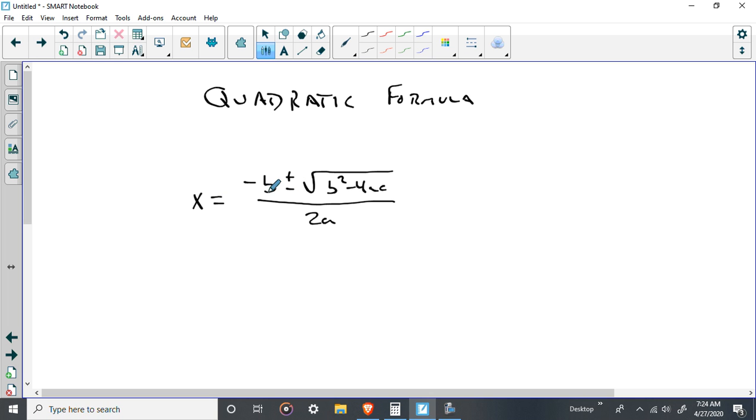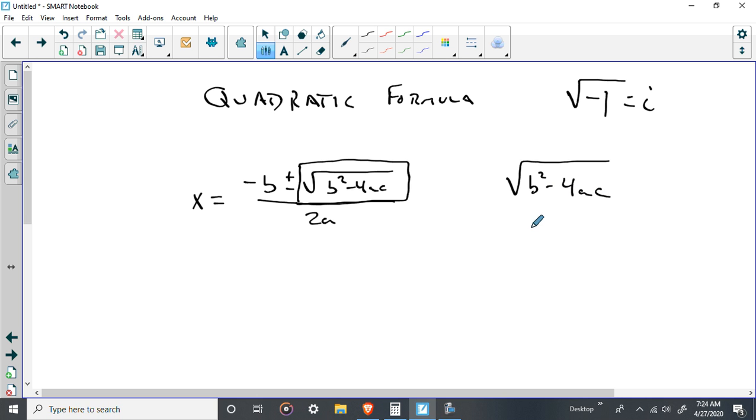Now, what are we concerned about? We've been talking about, hey, when is it not a real number? Well, therefore, the only thing we care about for this is this part right here. This is b squared minus 4ac.